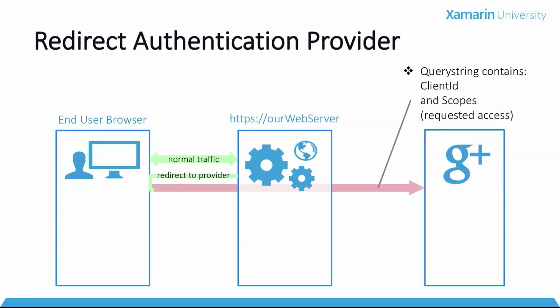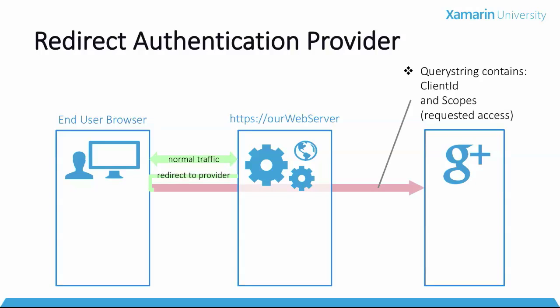Now in the query string that we sent to Google via the redirect, that query string actually contains our client ID. So Google is fully aware of what client app is actually requesting login. We also send a series of requested accesses, things that we want to do, like access the user's calendar or write email on their behalf.